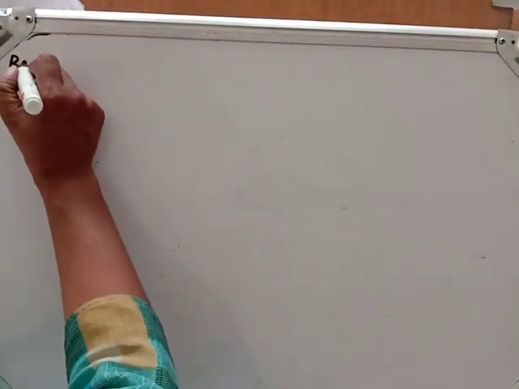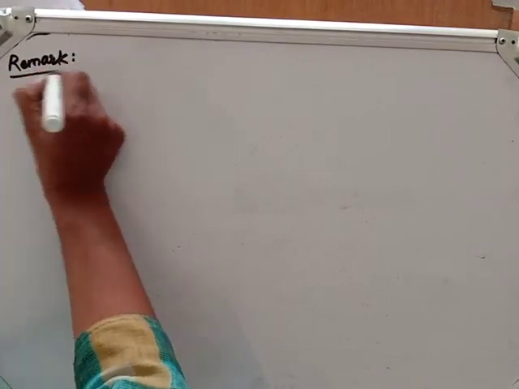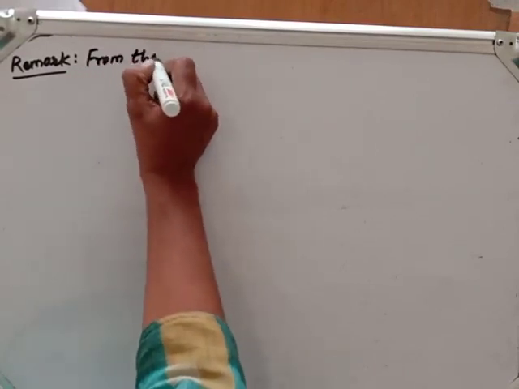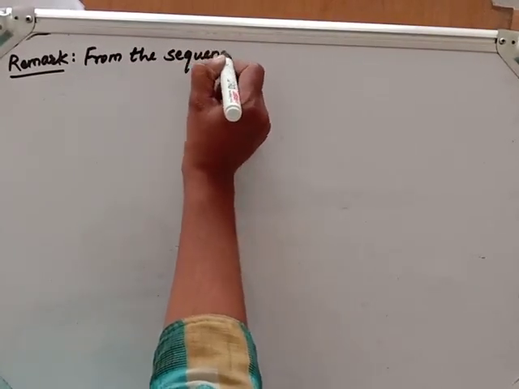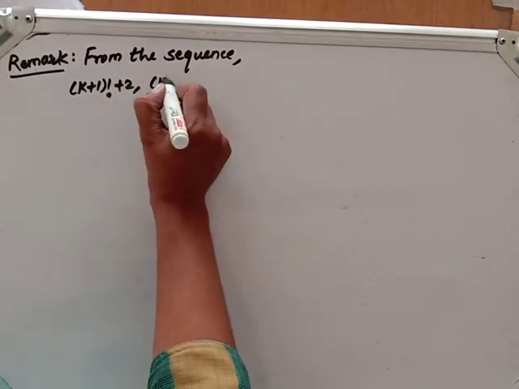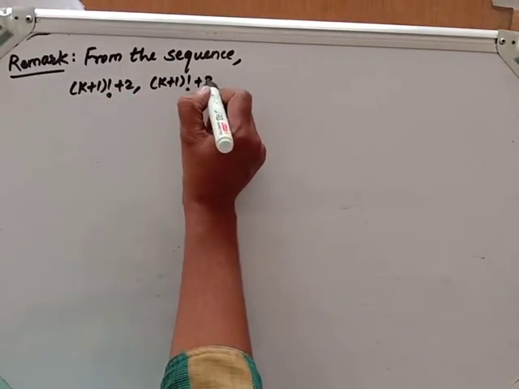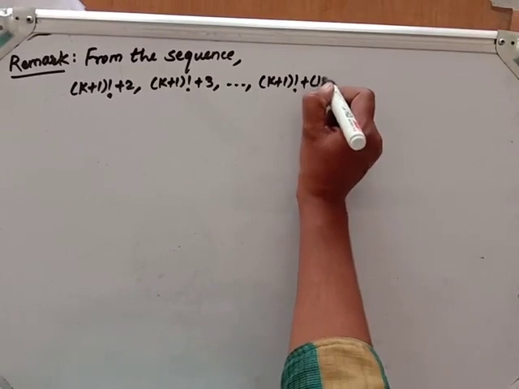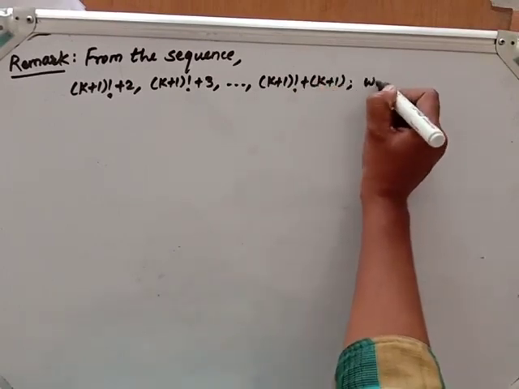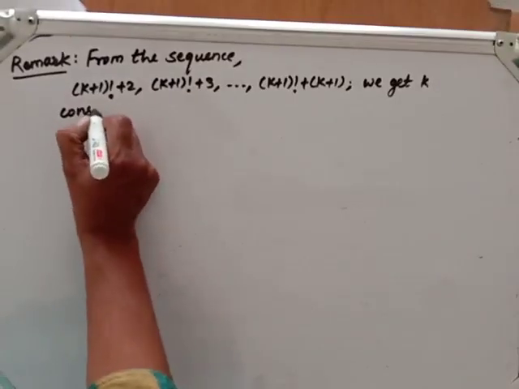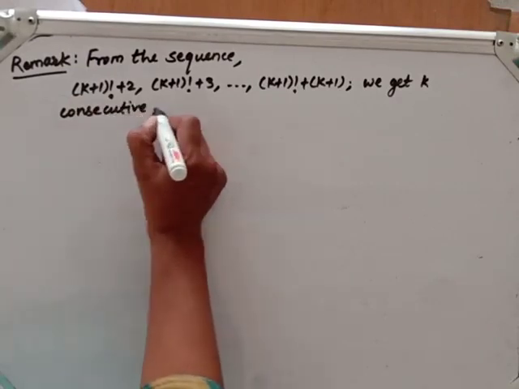The remark is that from the sequence k plus 1 factorial plus 2, k plus 1 factorial plus 3 and so on up to k plus 1 factorial plus k plus 1, we get k consecutive composite integers.